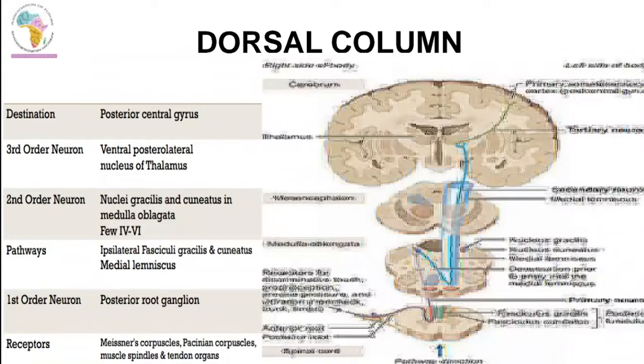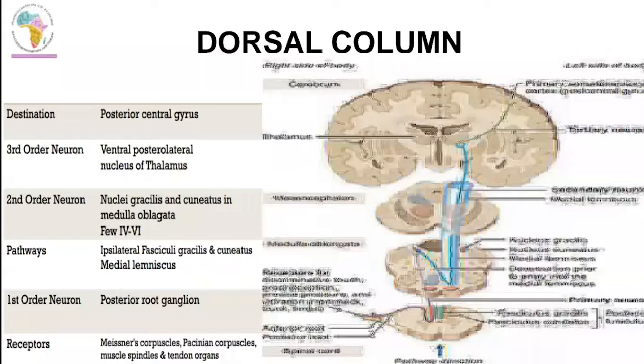These further form the second order neuron, which is called the arcuate fiber. The arcuate fibers decussate before entering the medial lemniscus pathway. So if there is a lesion below the medulla oblongata, someone will lose their sense of proprioception, fail to appreciate fine touch, or lose position sense on the ipsilateral side.